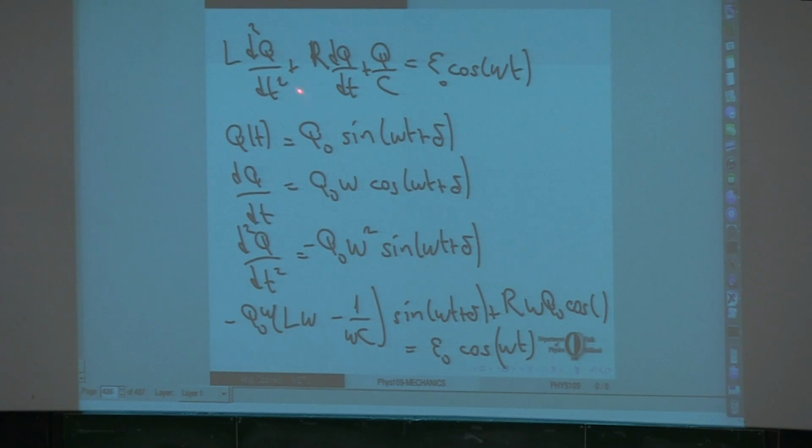Now let's look at this one. I can write that one as I0 over omega times cosine of pi over 2 minus omega t plus delta.